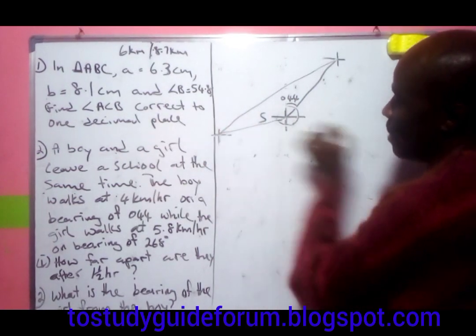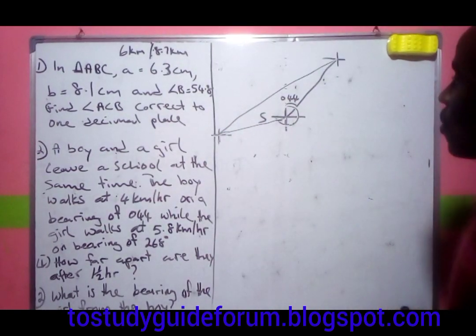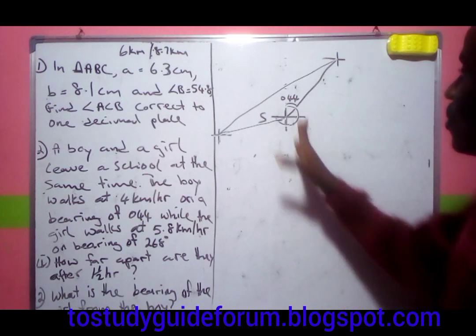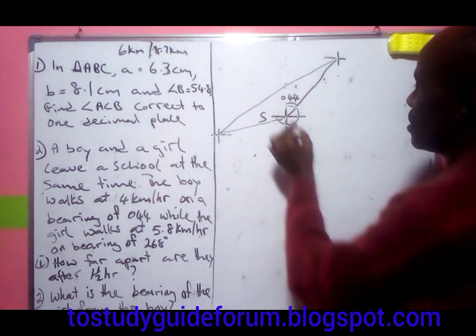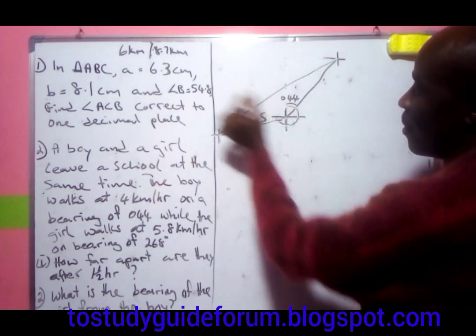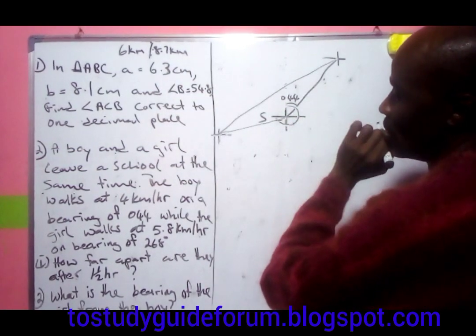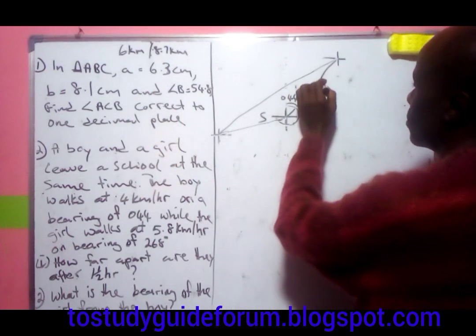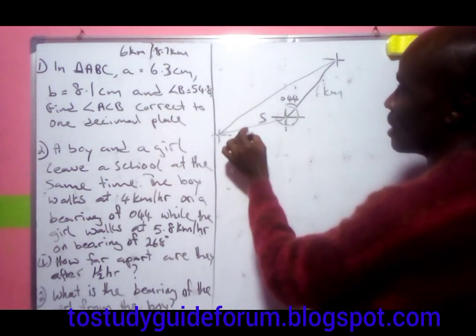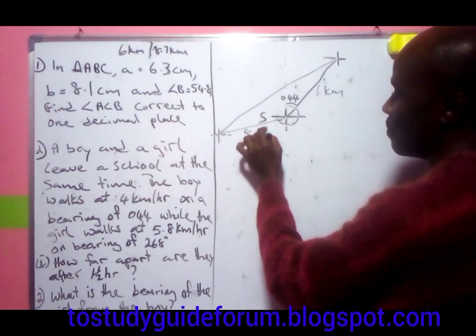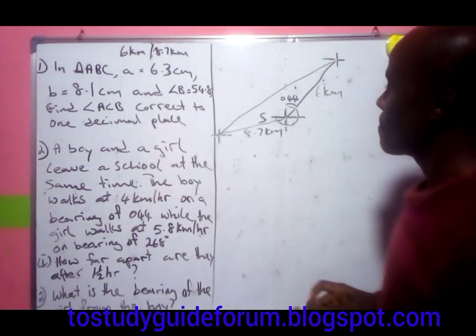This looks like a triangle now. This is the boy. The distance of the boy, we said, is 6 kilometers. The distance of the girl is 8.7 kilometers.